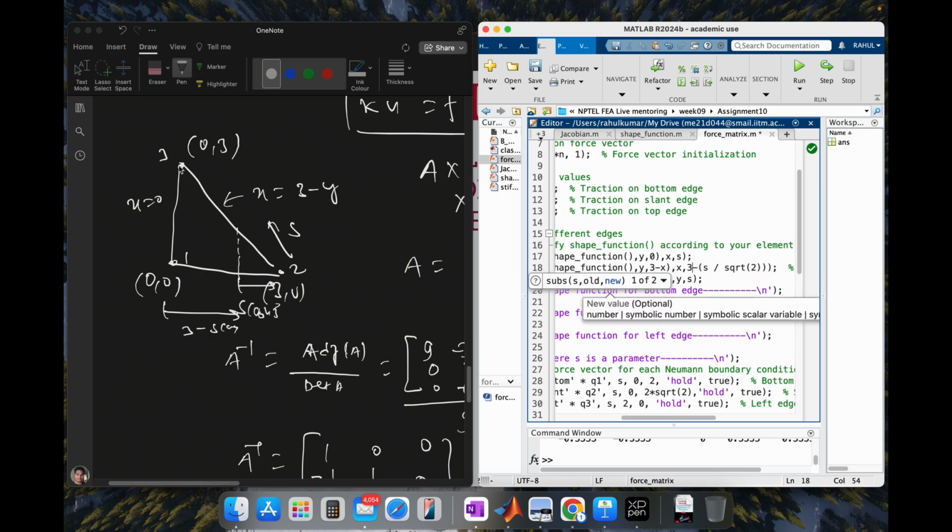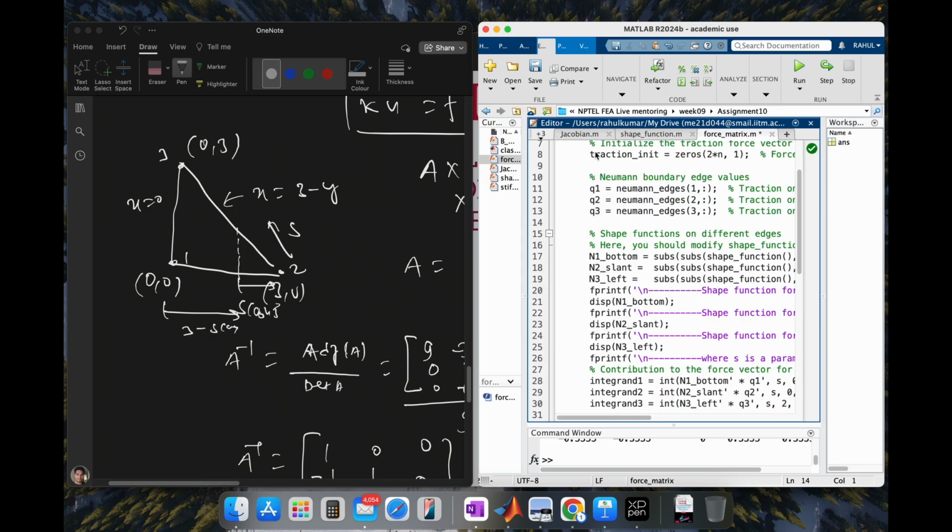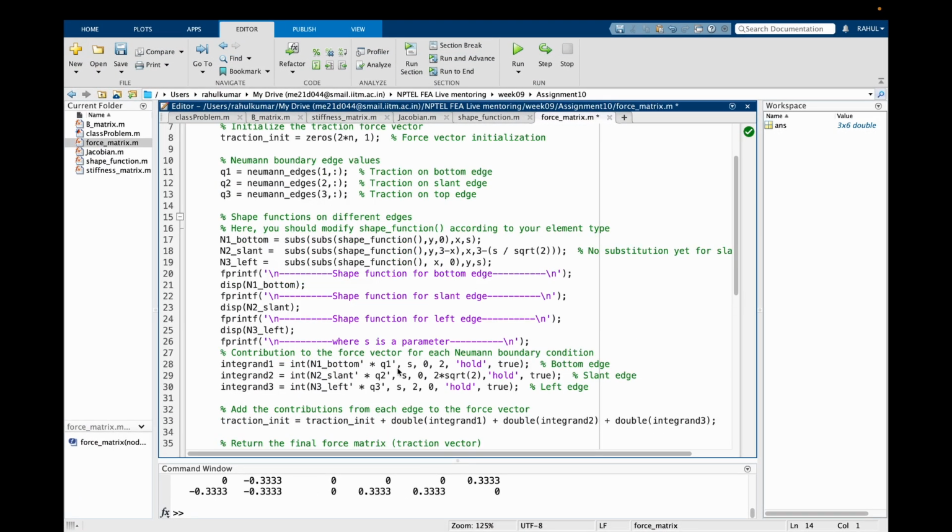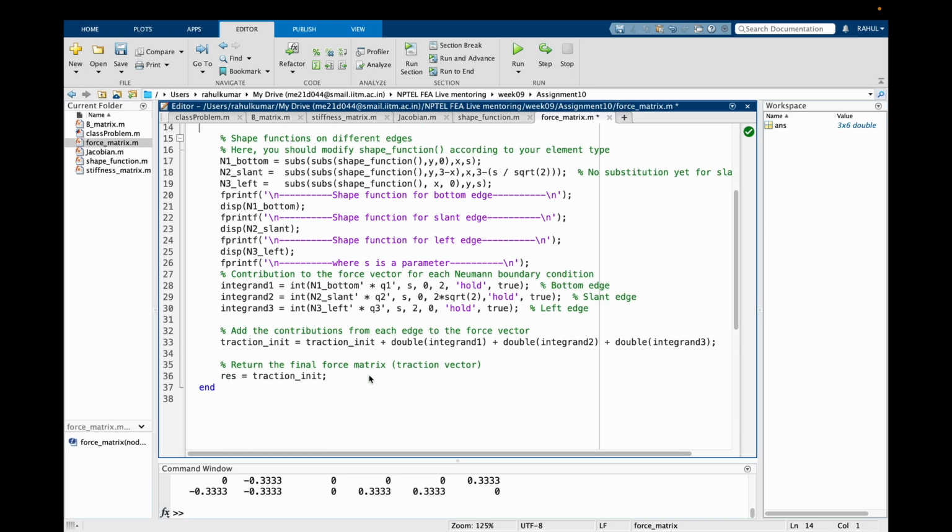Because we are doing the integration on this path, the shape function will be this. And for the left hand side, the shape function will be x equal to 0 and y will run as it is. So this is all about that, and now we will integrate it.